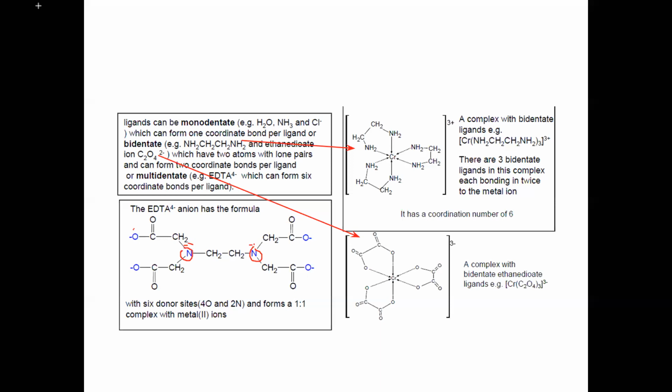I will give a simple example. You have chromium. For example, the coordination number of chromium is 6. Coordination number means the number of dative bonds it can form.